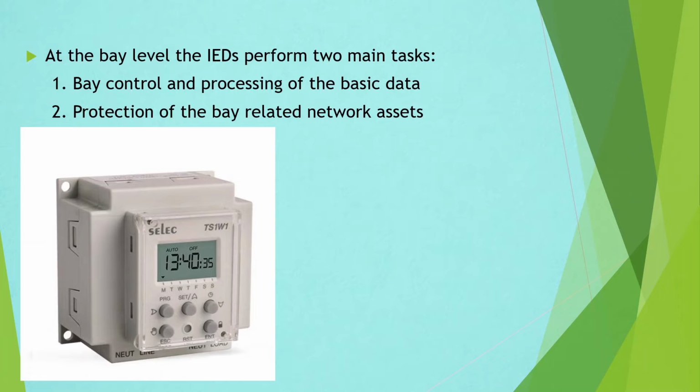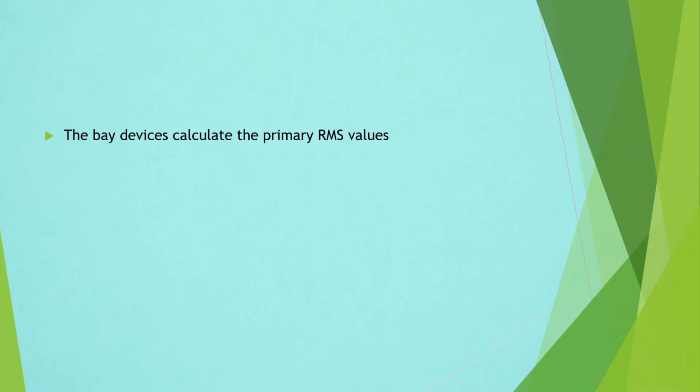The process data can be visualized on the device screen on local request and used in programmable logic to start special automation programs communicated to the upper level of the substation control. The bay devices calculate the primary RMS values of instantaneous voltage and current measurements and build associated values like active and reactive power and the power factor cos phi.